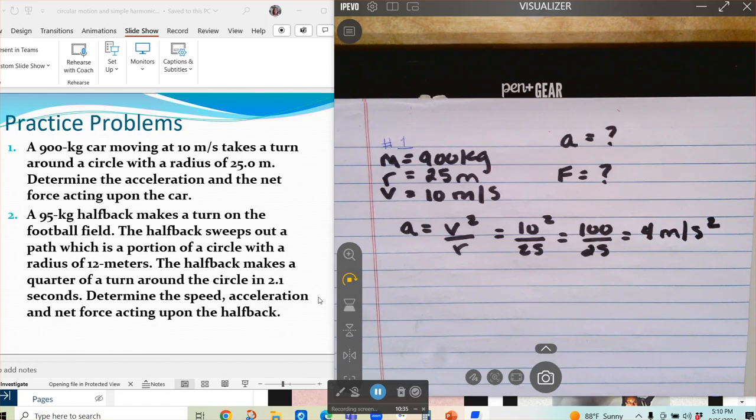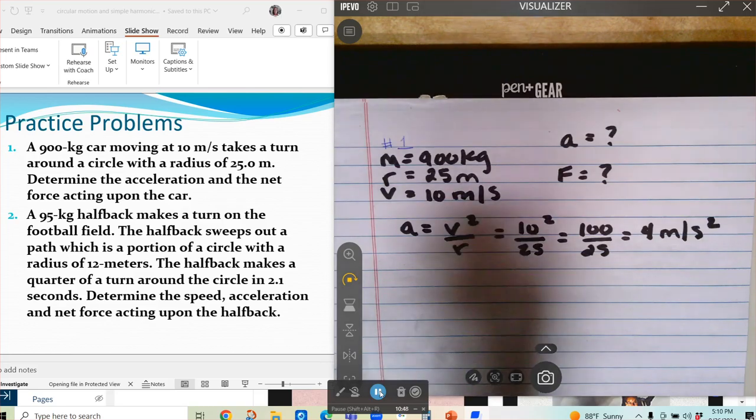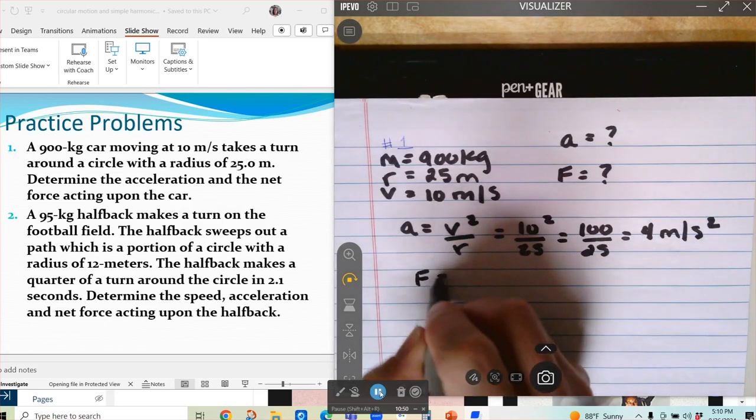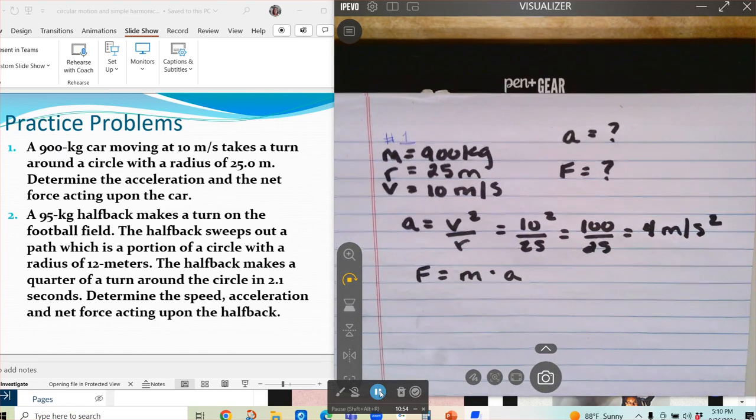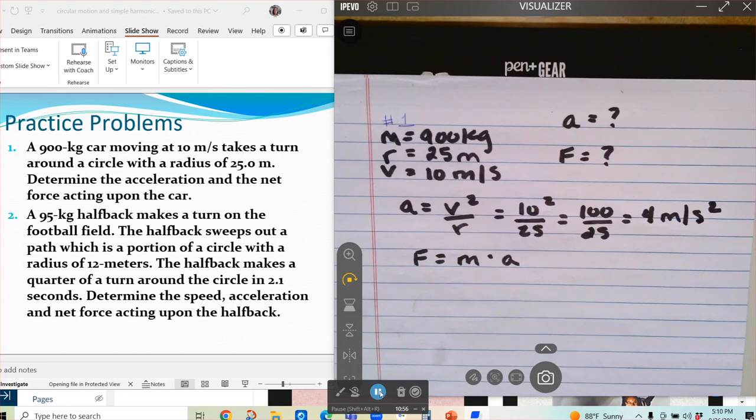All right, well, then I can go ahead and derive my force from that. Once I know my acceleration, I know that force is simply mass times acceleration. So force equals mass times acceleration. And again, we'll get into that a little bit more, but I just want to introduce it to you here.